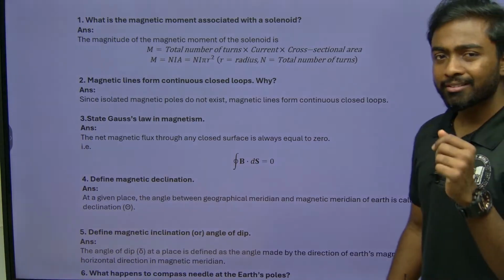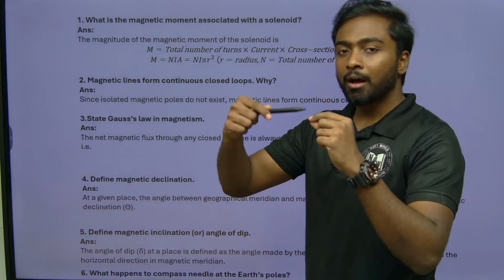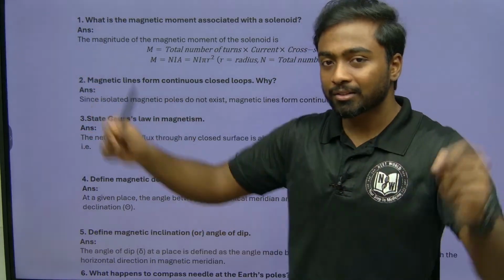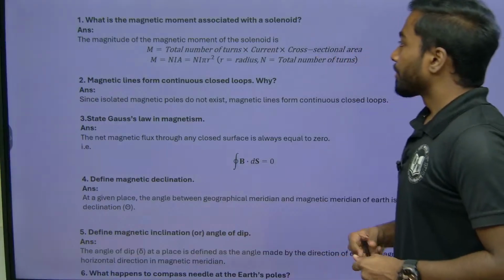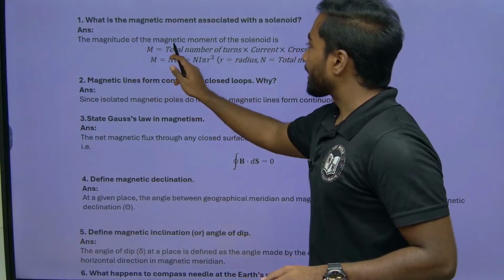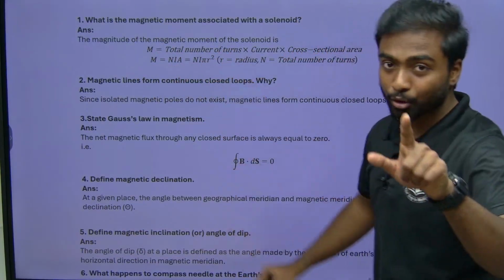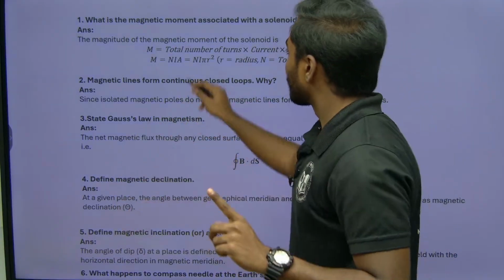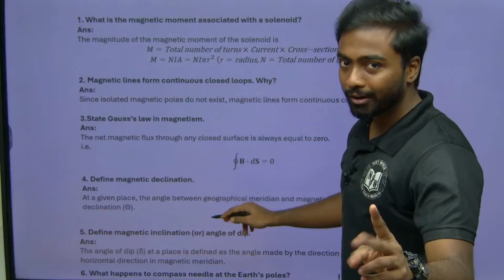A solenoid is nothing but when we take a ring, n number of rings, it's a solenoid, right? So the magnitude of the magnetic moment of a solenoid depends on the total number of turns, got it, 1 point.